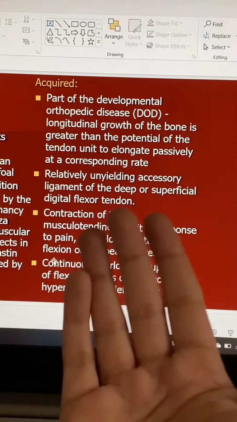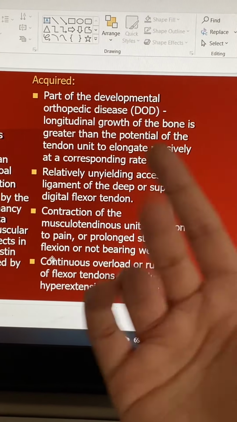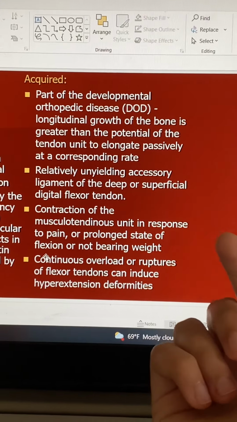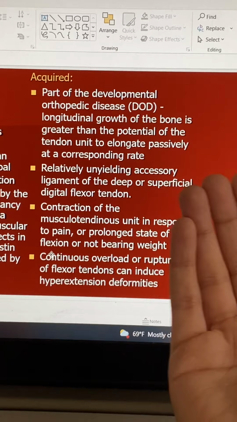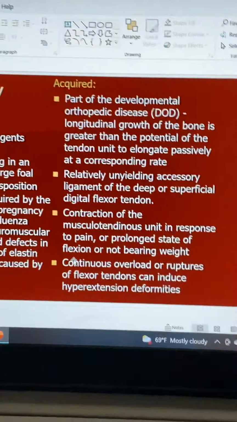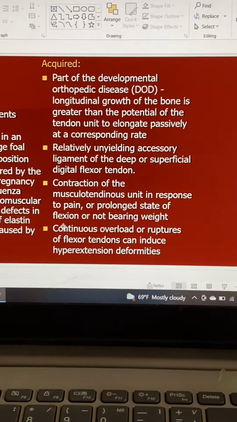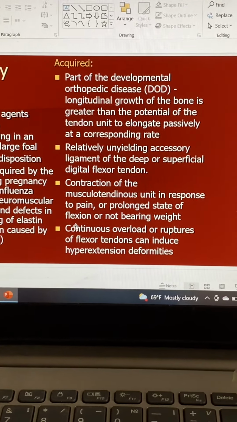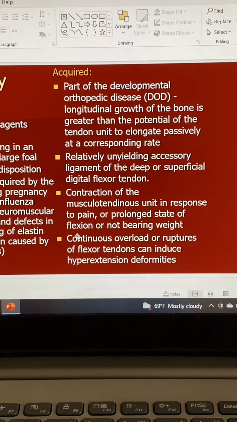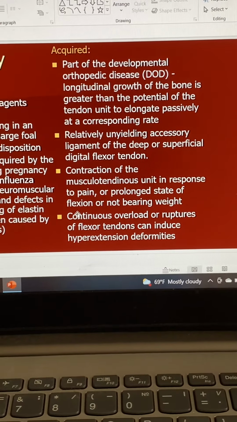Acquired, so this is after the foal has been born, you have orthopedic diseases. When there's longitudinal growth of bone, it can be greater than the tendons can keep up with, so the tendons are too short. You also have unyielding accessory ligaments of the deep or superficial digital flexor tendon, and contraction of the musculotendinous unit because of pain, prolonged flexion or not bearing weight.